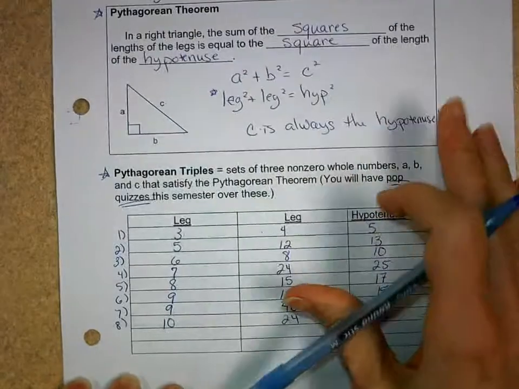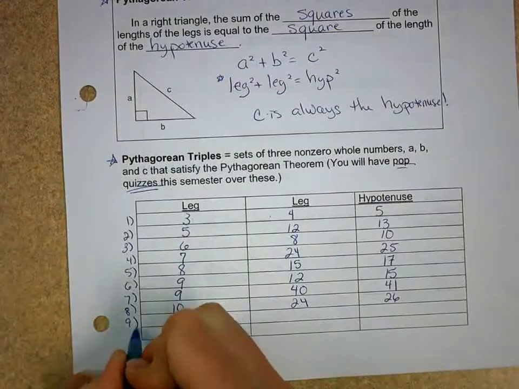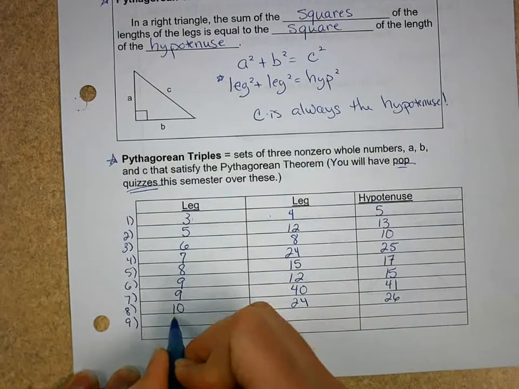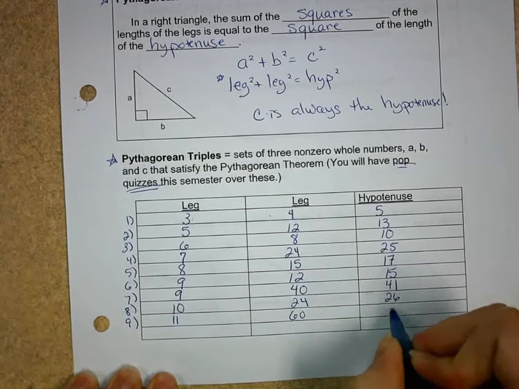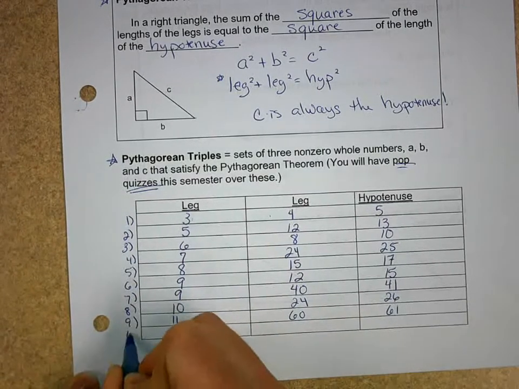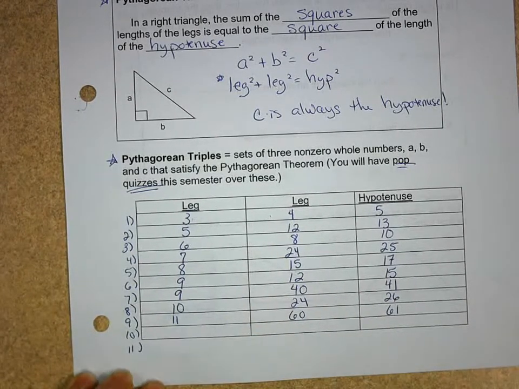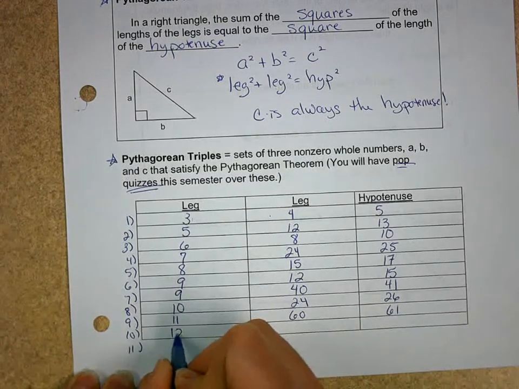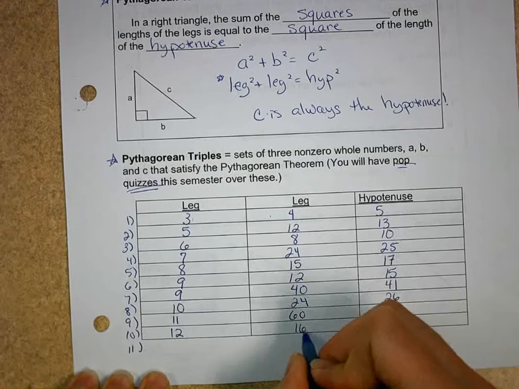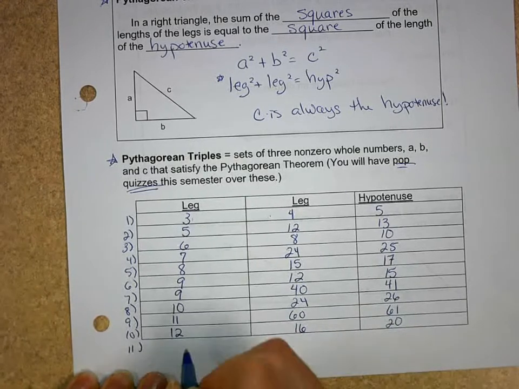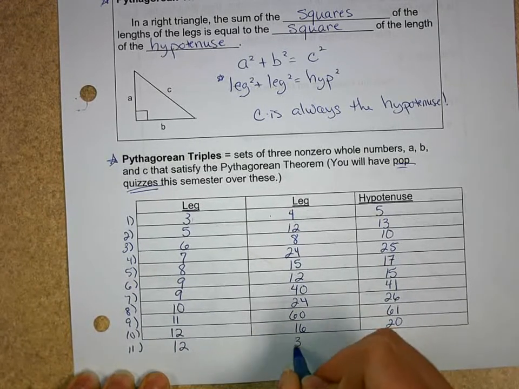I'm running out of space here, so we're going to have to add a few more on. The ninth one is 11, 60, 61. The 10th one, and you're going to have to know 11 of these, is 12, 16, 20, and then you have one that's 12, 35, 37.